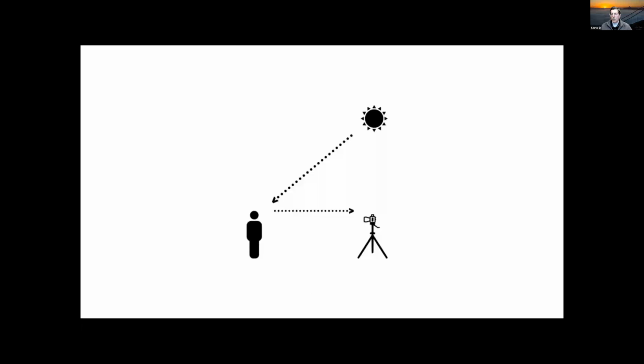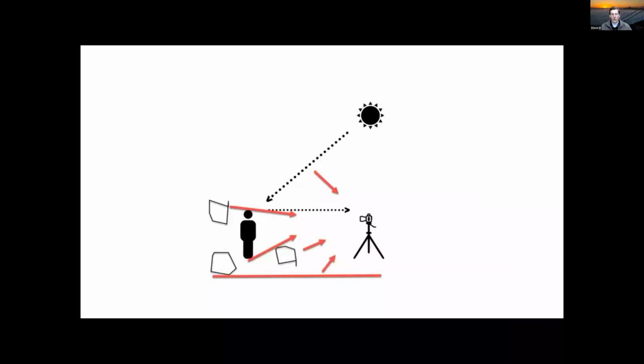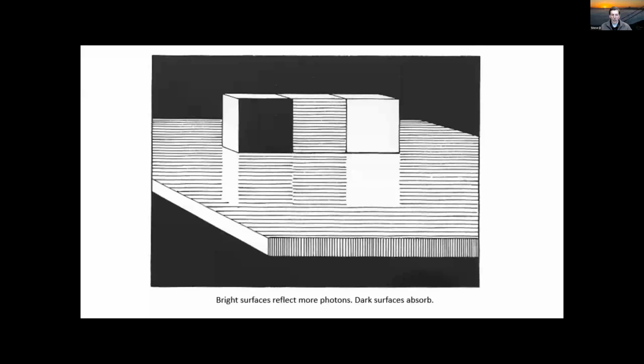And when it gets down to us as photographers, what we see is we have a light source that bounces off a subject and ends up in our camera. But in reality, we have a light source that bounces off our subject, bounces off plants and bushes and the ground and clouds, and ends up in our camera. And bright surfaces tend to reflect more photons where dark surfaces absorb them.